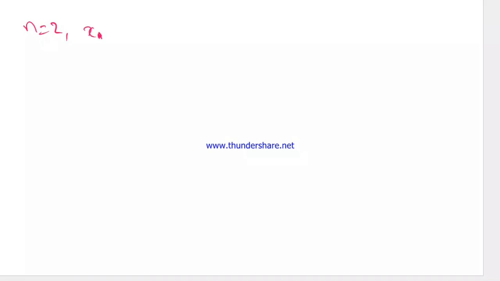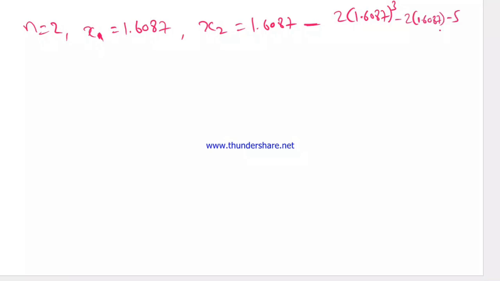Let's see the next step, n equal to 2. Our x1 is now equal to 1.6087, and therefore to calculate our x2 from there, we get 1.6087 minus 2 times 1.6087 cubed minus 2 times 1.6087 minus 5, divided by 6 times 1.6087 squared minus 2.